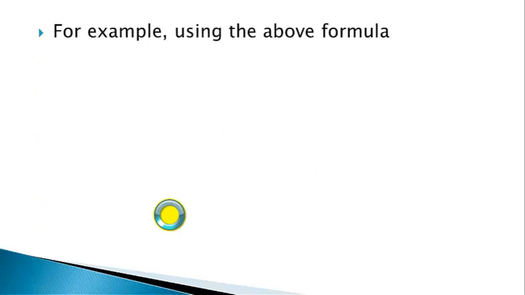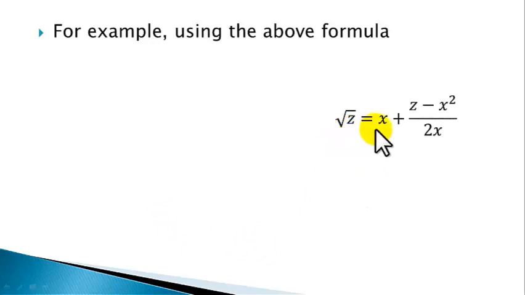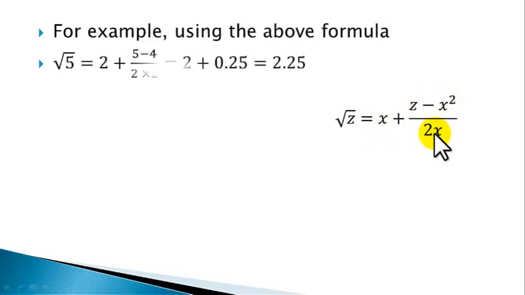For example, using the formula, let us find the square root of 5. The next square number less than 5 is 4, so x squared is 4. z is 5.